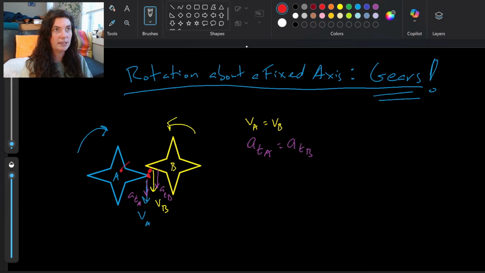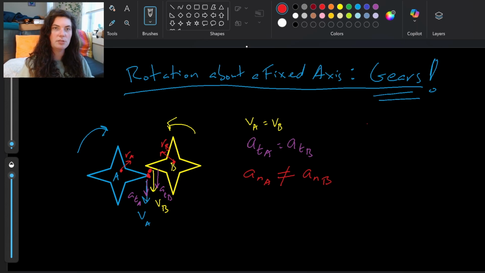So our radius of A is likely going to be different than our radius of B, which would look a little better if they were more circular. But those radii are typically different, and so their normal accelerations are not going to be equal. So this is one way we can look at these gears in analyzing their linear relationships: their velocities and tangential accelerations are the same, but their normal acceleration will not be.